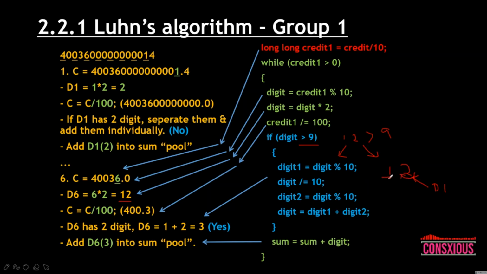Then we take this number as D2 because we have another D2 modulus 10. So we can add D1 plus D2 to get D. So 1 plus 2 is 3. The 3 will go to here and be added to the current sum to make the latest sum value.